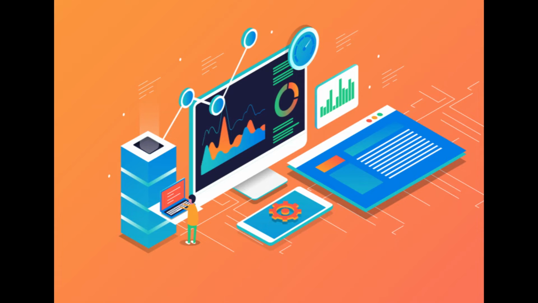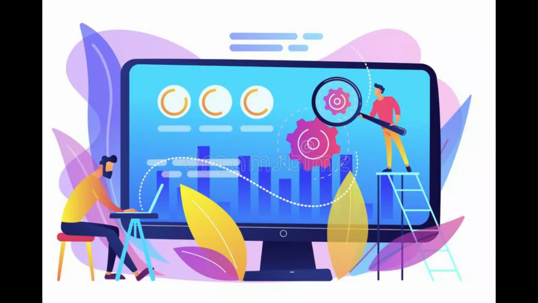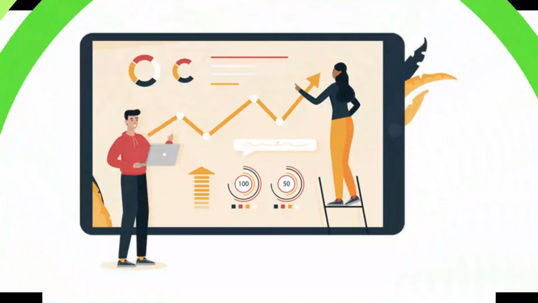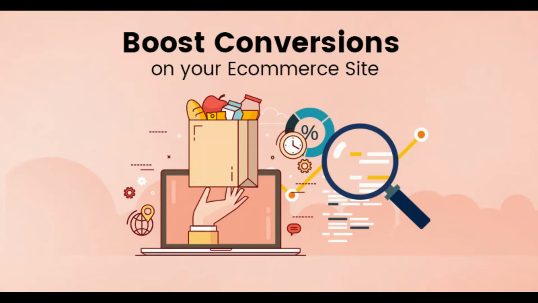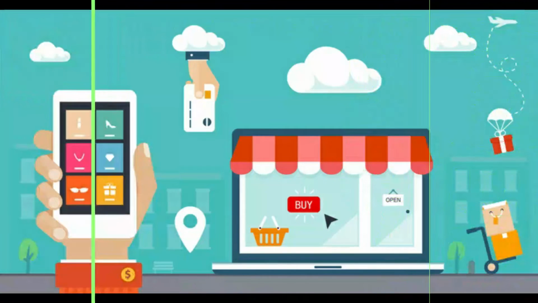CRO Tip 10. Check your site speed. If your site loads slowly, all of the conversion rate optimization tips in the world won't make a difference. In fact, website conversion rates drop by 4.2% for each additional second your site takes to load. Even more surprising? More than 80% of sites don't meet acceptable speeds.